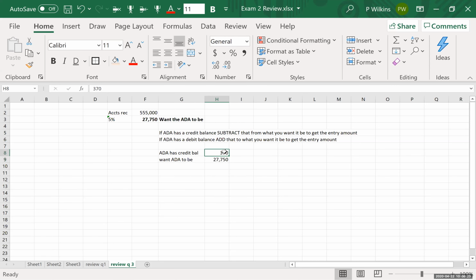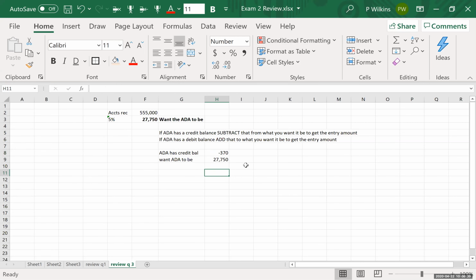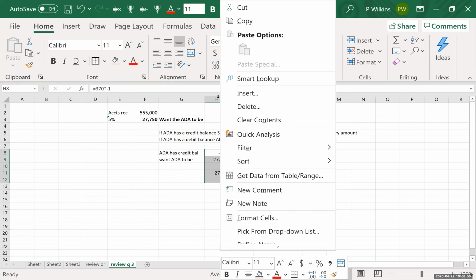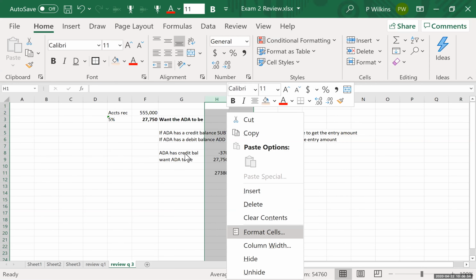So we're going to subtract it, okay? We're going to subtract it because that's what the rule tells us. So, let's see. 27,750 minus 370 is $27,380. So $27,380 is what we want our entry to be for this problem, okay?